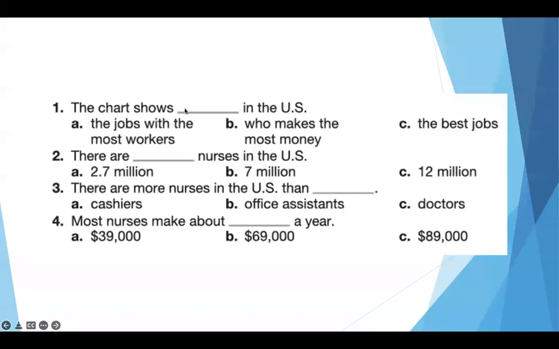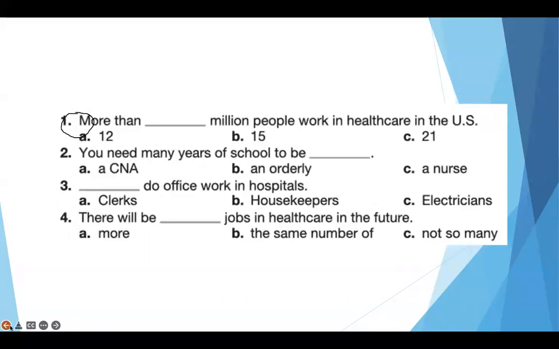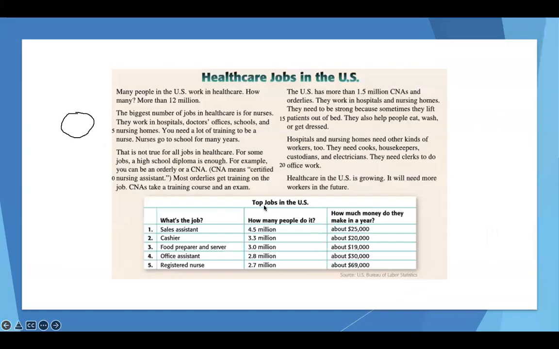The chart shows blank in the US. A, the jobs with the most workers, B, who makes the most money, or C, the best jobs. So do you remember what the chart showed us? It showed A, the jobs with the most workers. And we can go back and see top jobs in the US. So that's those with the most workers.